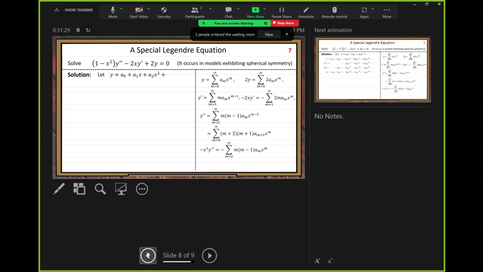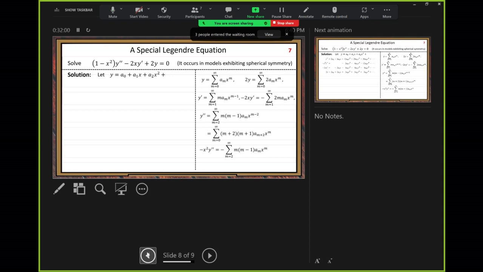When you multiply minus x squared, you should use this version, because with x squared, you plus minus 2 plus 2, then it's gone. So when you calculate this term, you should use the first summation expression, not the second one. The second one, when you multiply 1 by y double prime, you use the second one.